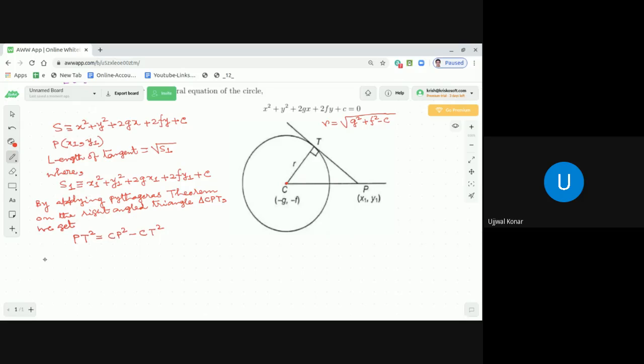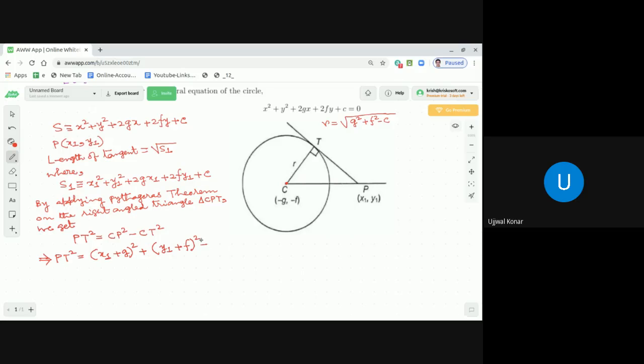So let's find it out. PT square is equal to CP square. We know the coordinates of both points C and P, so CP square is not a big deal to find. It is x1 plus g whole square plus y1 plus f whole square minus CT square.